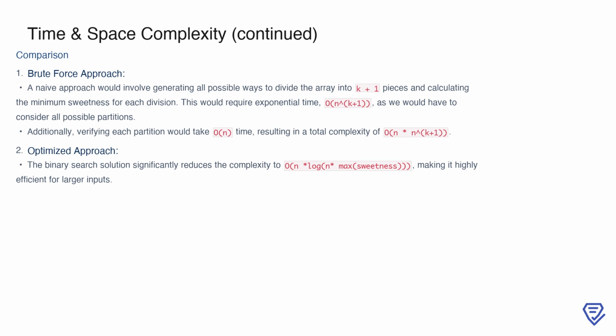Specifically, it would take exponential time to generate all partitions, and verifying each partition would add an additional O(n) cost. This results in a total complexity that is clearly infeasible for large inputs. In contrast, our binary search approach reduces the time complexity to O(n log(n * max sweetness)), which is vastly more efficient. This optimization highlights the power of combining binary search with a greedy strategy.